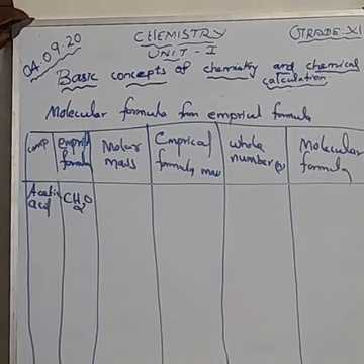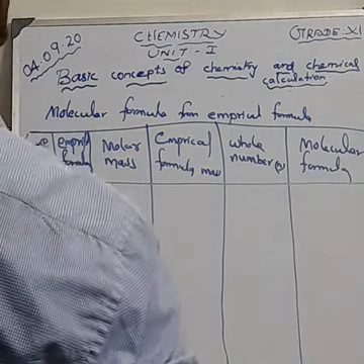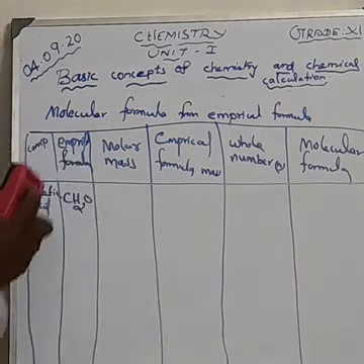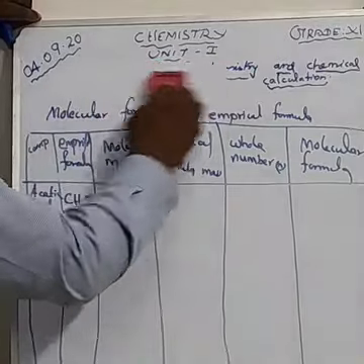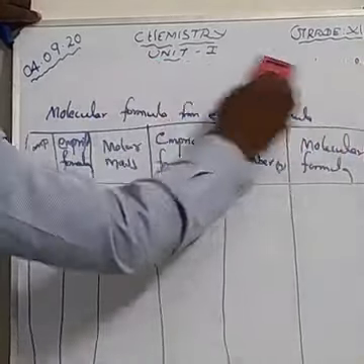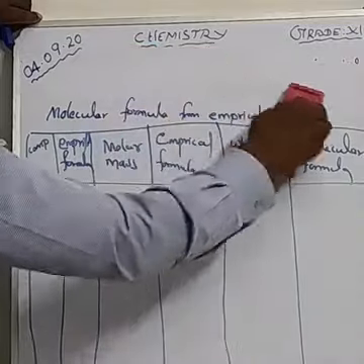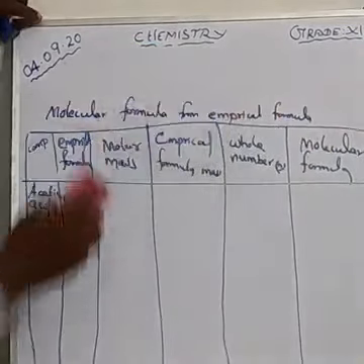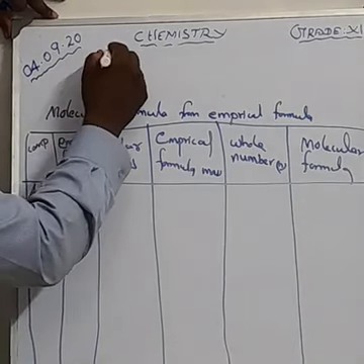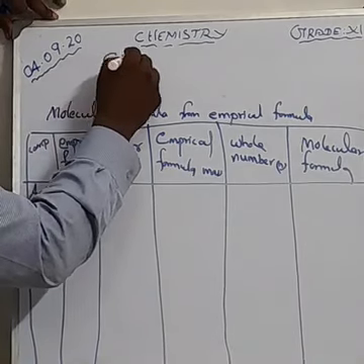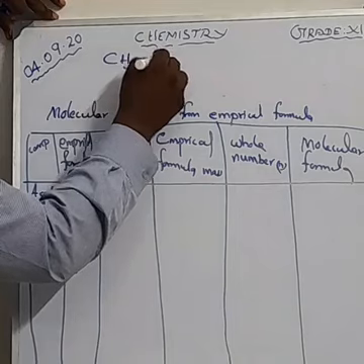How will you find out the molar mass of acetic acid? What is the formula for acetic acid? CH3COOH.